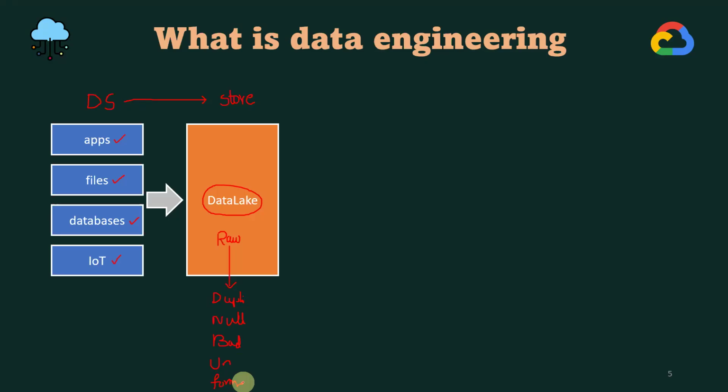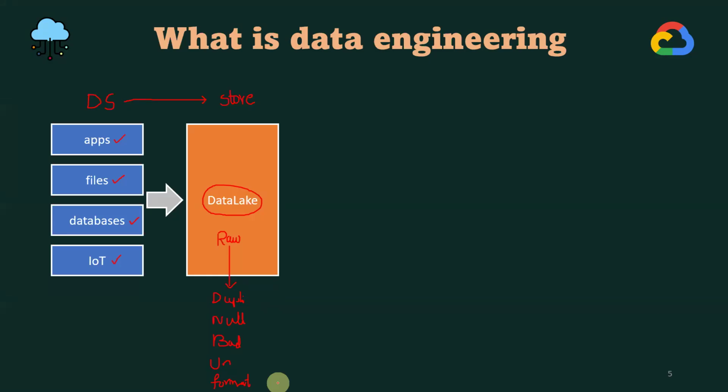So I cannot directly go for the analysis, guys, because this data is directly coming from your data sources. We have to handle the duplicates, null values, bad records, unnecessary information, and the format of the data also we have to fix.